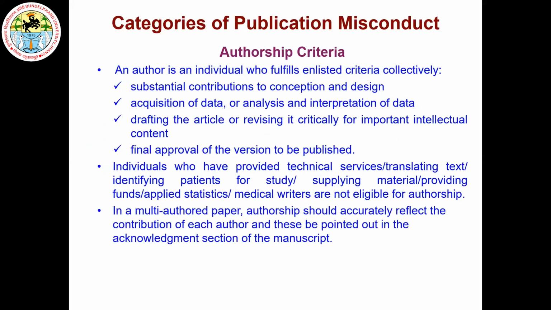Now what should be the criteria for authorship? An author is an individual who fulfills the listed criteria collectively. So what are those criteria? He or she must have made substantial contributions to conception and design. We make a concept and then we design. So an author should have contributed to conception and design. An author must have done acquisition of data, analysis or interpretation of the data. If you are involved in that, then you become an author.